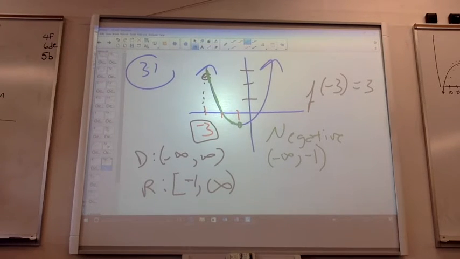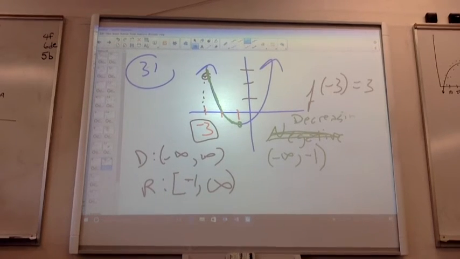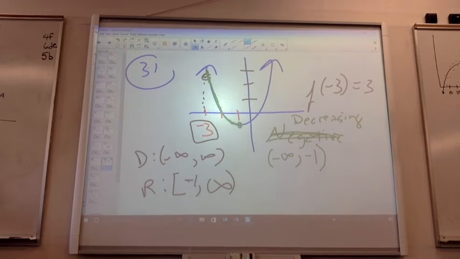Okay? The interval at which it is increasing. Oh, wait. Anyone see my mistake? This should actually be decreasing right here, not negative. And I'm not going to ask you where it's negative. If you wanted to know where it was negative, it's negative underneath the x.